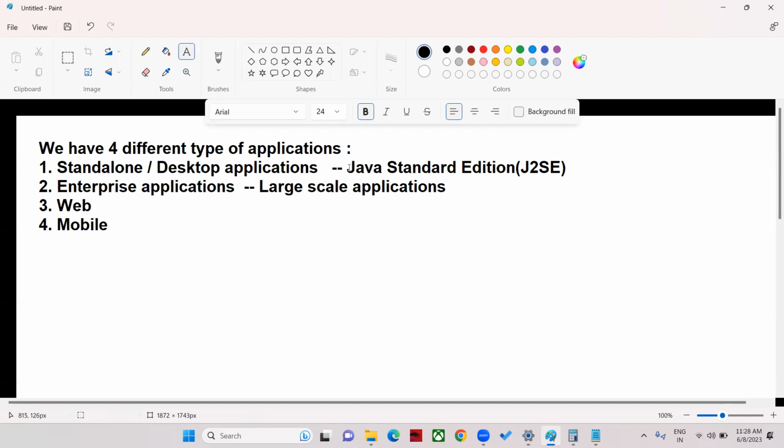So if you learn this textbook, this Java Standard Edition book, you can build such standalone applications. Okay.